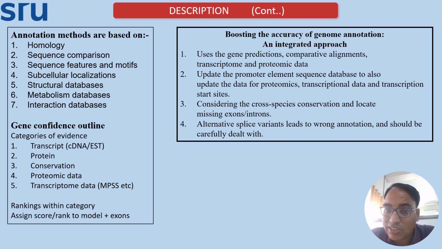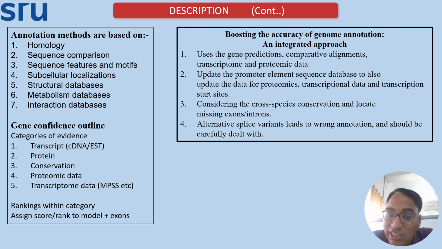Consider the gene predictions, comparative alignments using BLAST or HMM, then transcriptome data, proteome data. I always use the promoter element database as an additional filter. Also update the score for proteomics, transcriptional, and translational data. This allows me an additional filter to improve the accuracy.